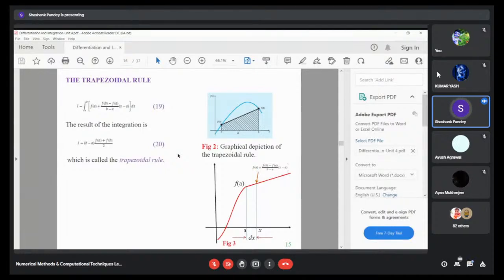So we have made a pretty simple assumption, that is, we have multiplied with the height, which was expressed as f of a plus f of b minus f of a upon b minus a into x minus a, into dx. Since this is only for the differential element dx, but we need the area under the curve between the limits a and b, we will integrate this function, which is represented by equation number 19, and this gives the area under the curve or the value of the integral.